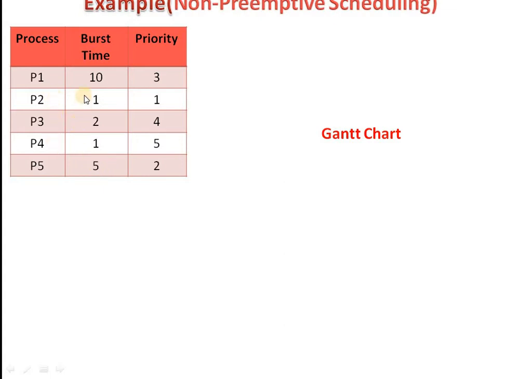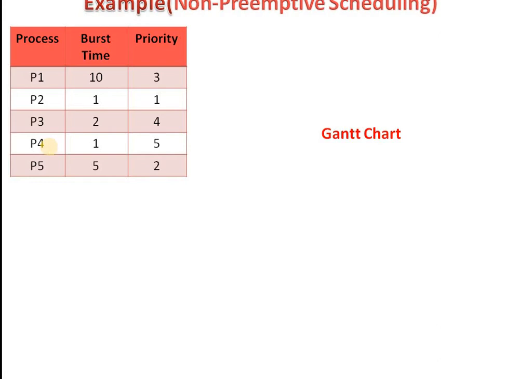And P4 having the same CPU time. Here it is executed as per first come first serve and their priorities. Priorities on the basis of low number having a higher priority, means here P2 has the highest priority. After that P5, after that P1, after that P3 and finally P4 will be executed.